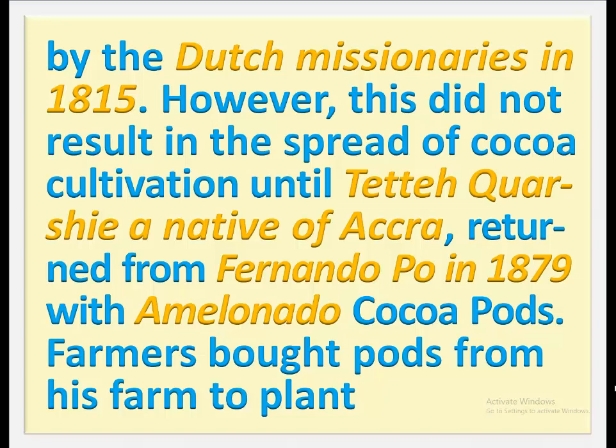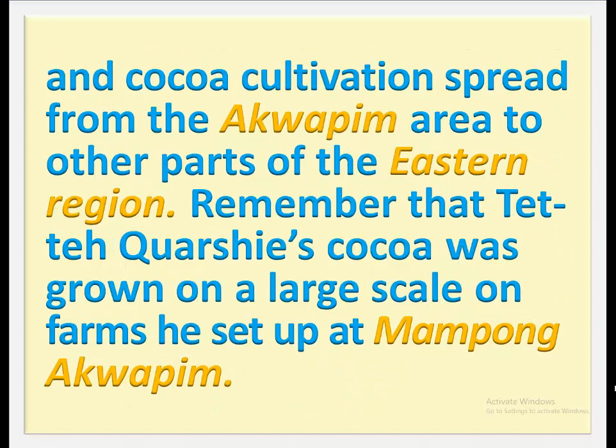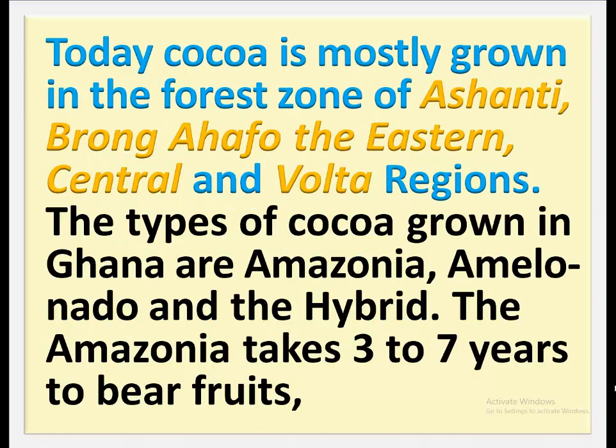Farmers bought pods from his farm to plant, and cocoa cultivation spread from the Akwapim area to other parts of the eastern region. Remember that Tetteh Quarshie's cocoa was grown on a large scale, on farms he set up at Mampong Akwapim.